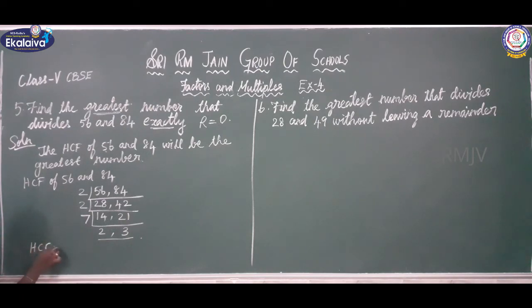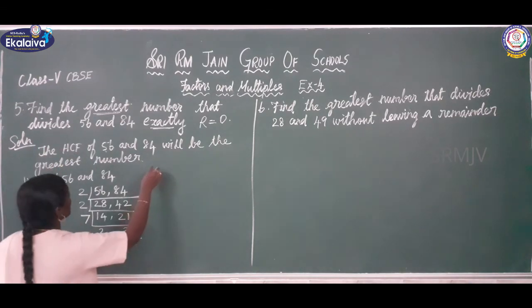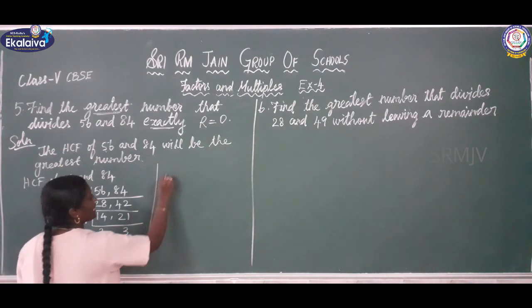So HCF is equal to, we have to multiply all the prime factors. 2 into 2 into 7. 2 2s are 4, 4 7s are 28. So HCF is 28. 28 is the greatest number that divides 56 and 84 exactly.